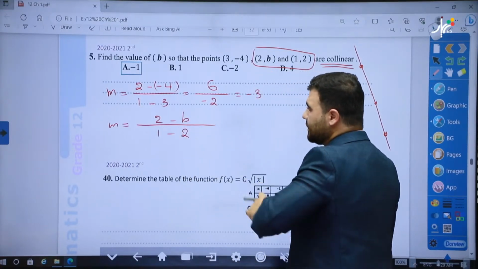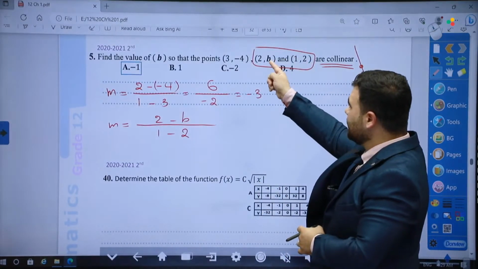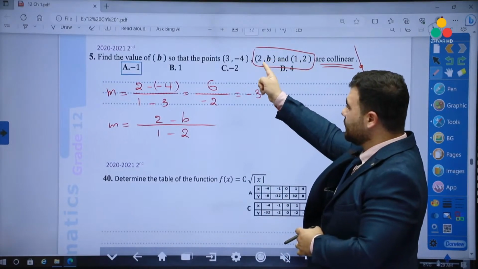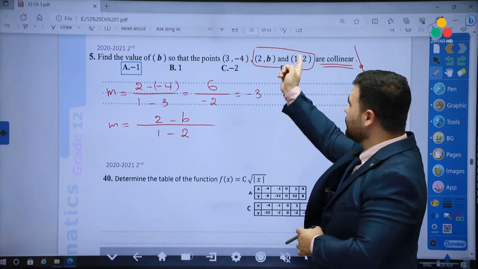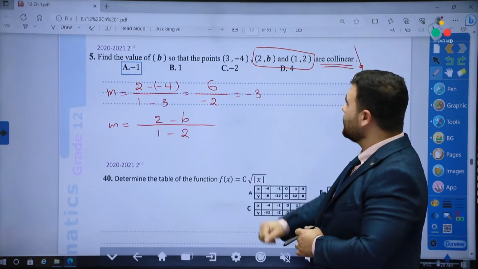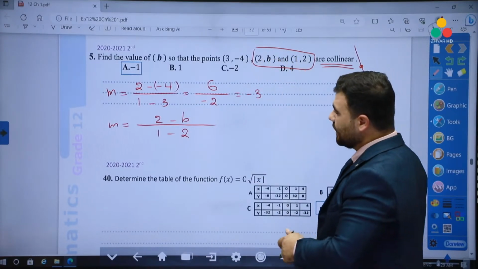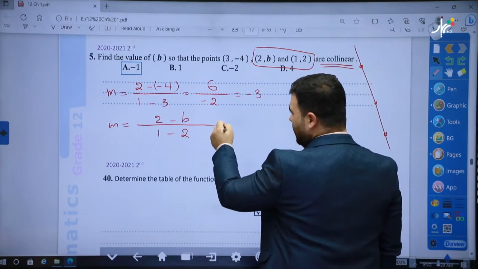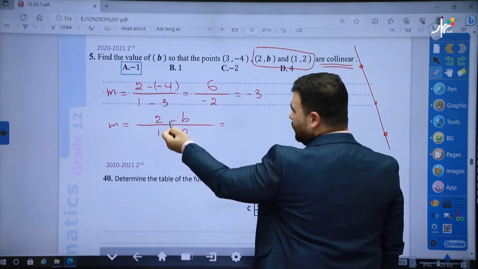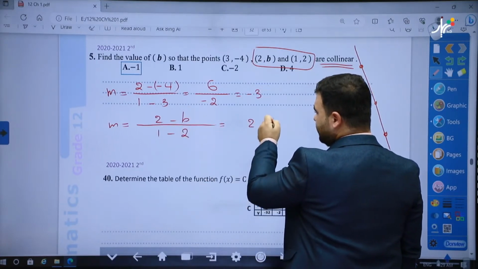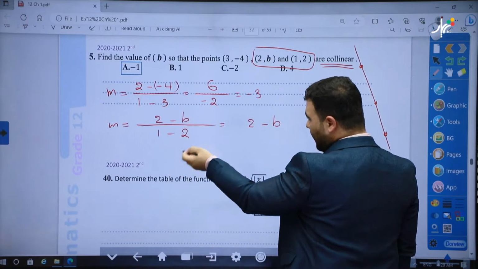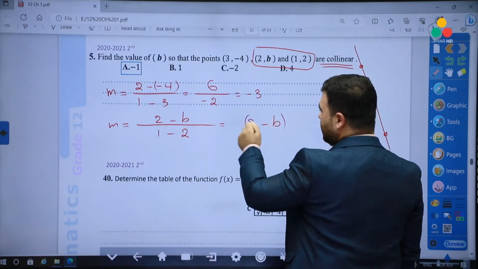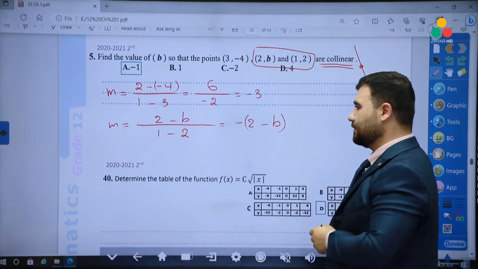This is y2, y1, x2, x1. 1 minus 2 is negative 1. Then this will be 2 minus b. Divided by negative, it makes negative 2 minus b.